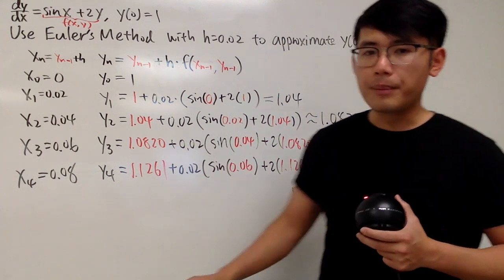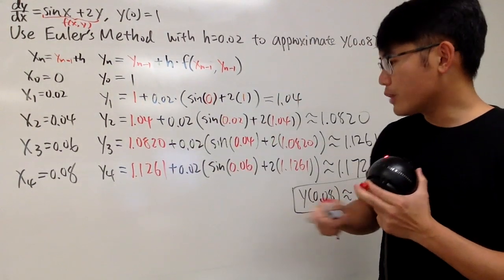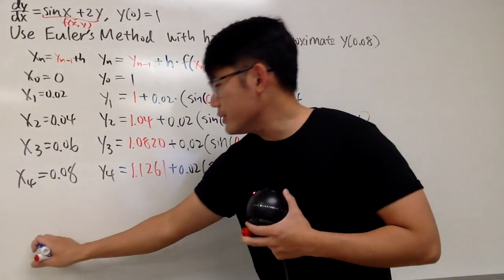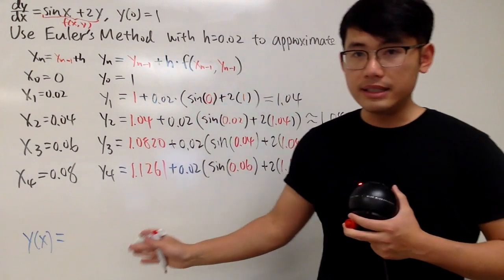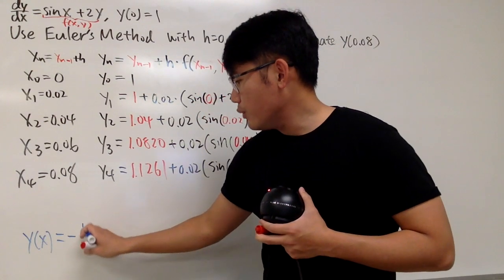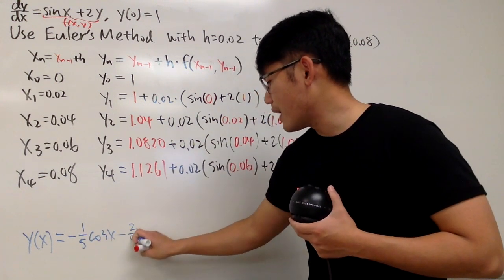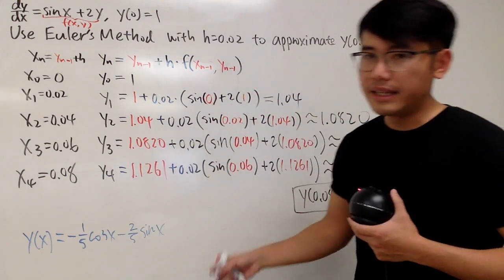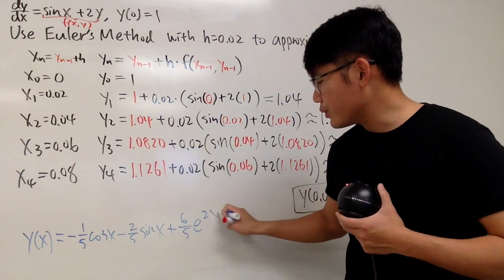And of course, let's compare the values. I'll write down for you guys the true solution: y as a function of x is equal to negative 1/5 cosine x minus 2/5 sine x, plus 6/5 e to the 2x.